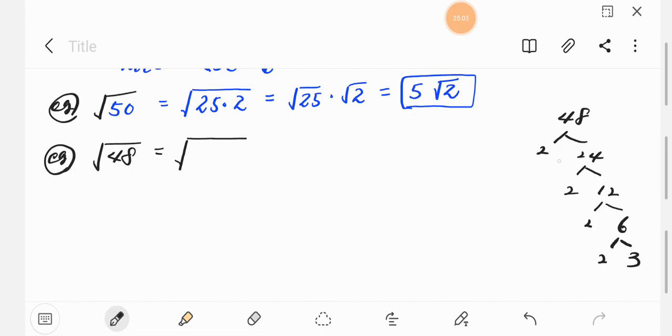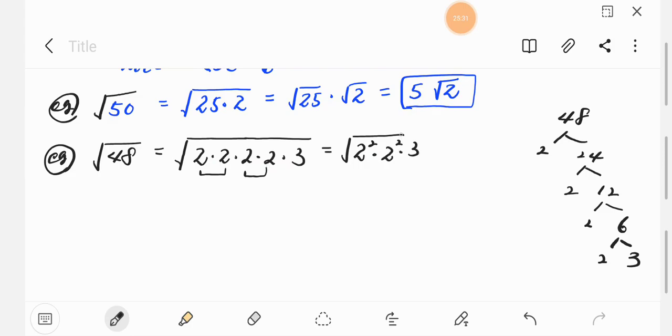So 2 is multiplied 4 times: 2 times 2 times 2 times 2 times 3. But we can make this 2 times 2 a 4, which is 2 squared. So can we write it like this? 2 squared times 2 squared, and 3 stays as it is.